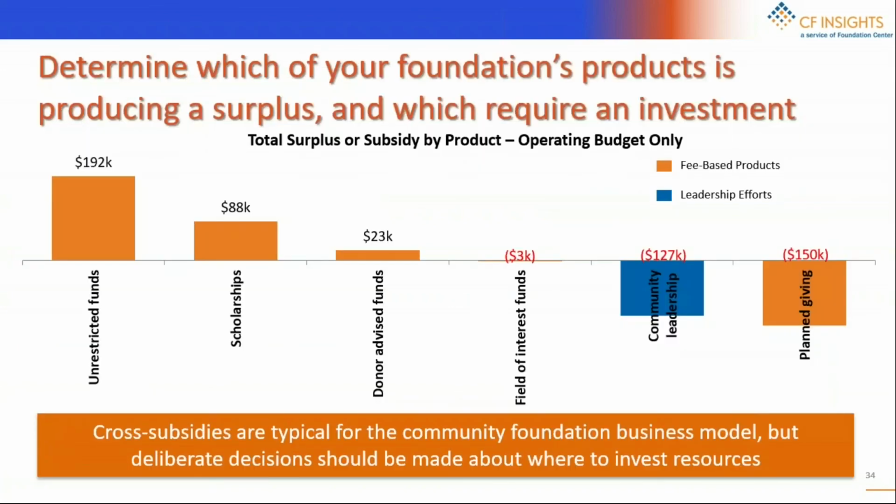So a visual just like this one that is generated thanks to activity-based costing allows you to provide a quick summary of which products are producing a surplus revenue, and which require an investment.